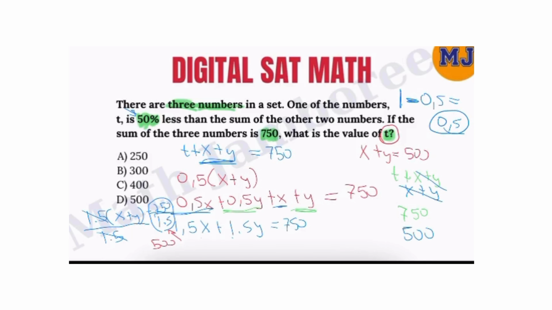That means we have to take away 500 from 750, which is 250. Oh, I'm sorry for that. 250. That means t equals 250.